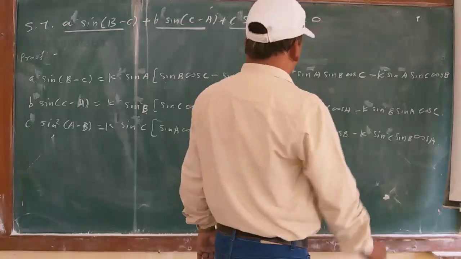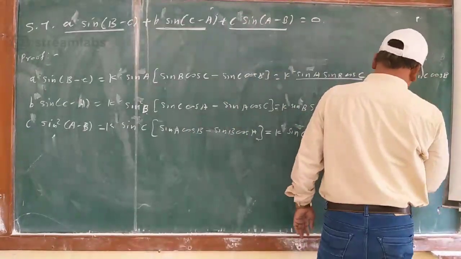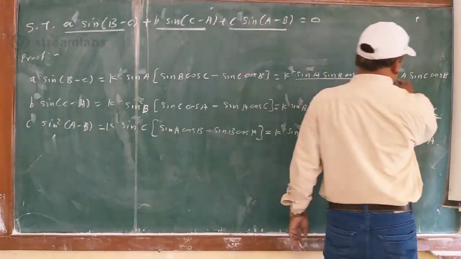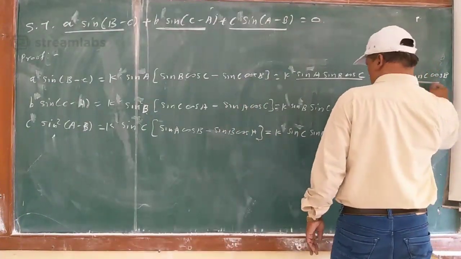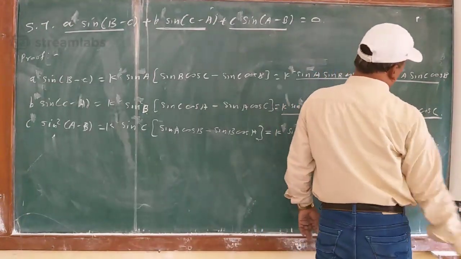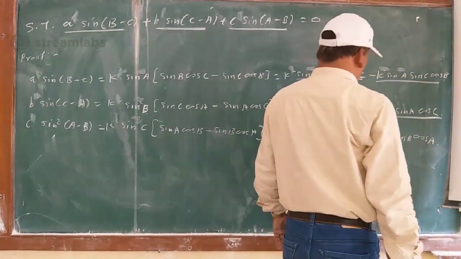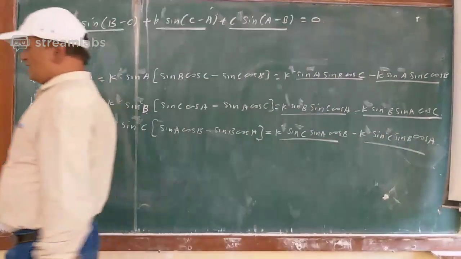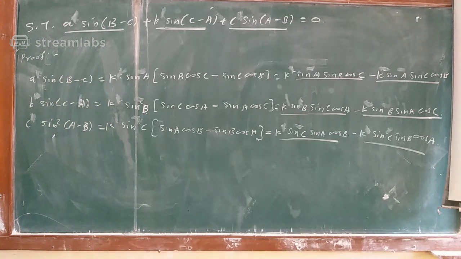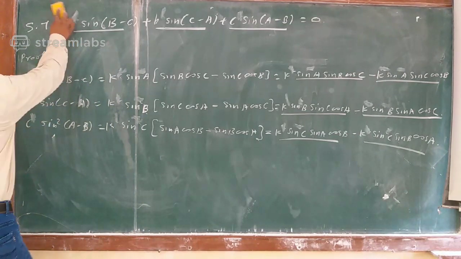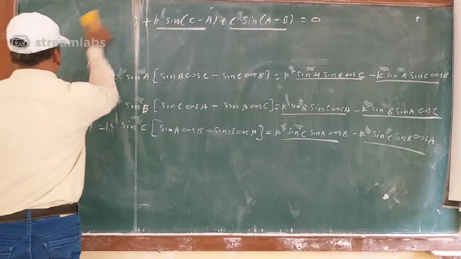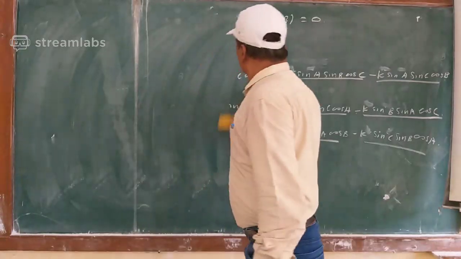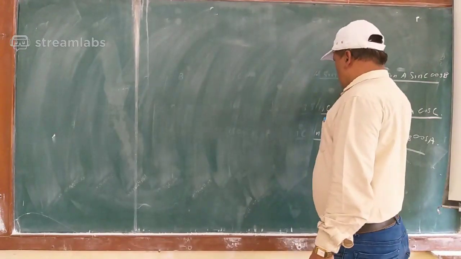And after that, see, ABC minus ABC cancel. ACB, ACB cancel. So in this way the terms are cancelled and the total answer is 0. In this way, this problem is also completed. So in the next, see now the next problem.